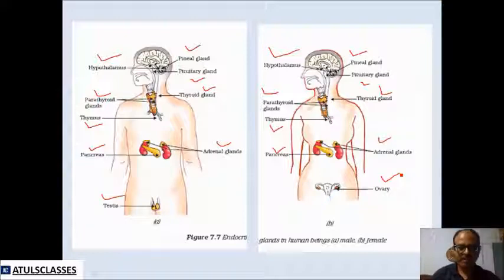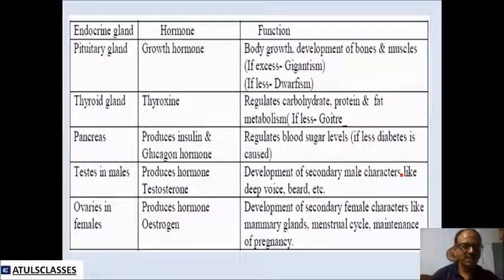Now we should learn what the functions of these glands are. Pituitary secretes growth hormones, the chemical messengers. It helps in body growth and development of bones, and if it is in excess, it can lead to gigantism. The person will be giant. Then dwarfism, if the secretion is less, then we can find this disorder.